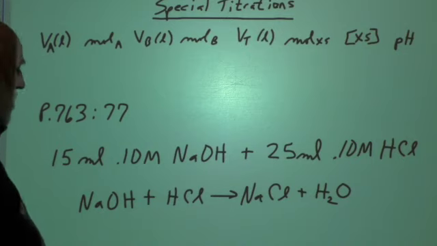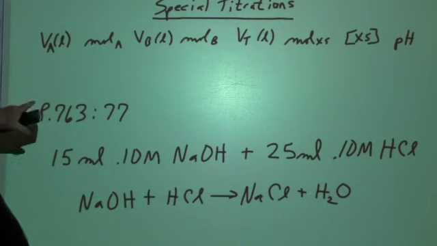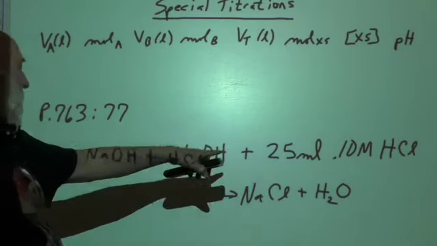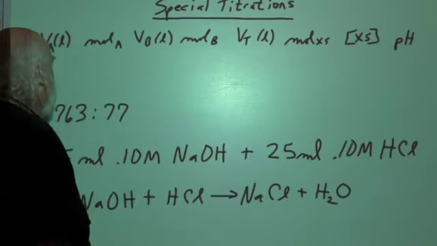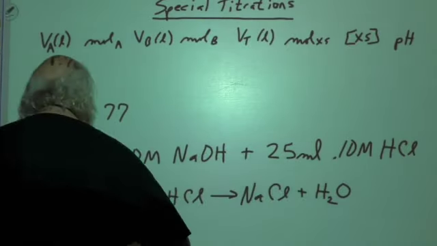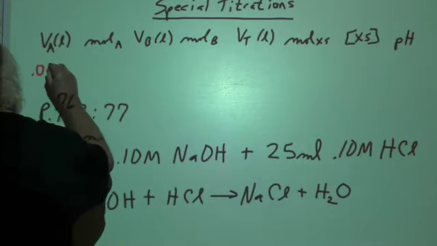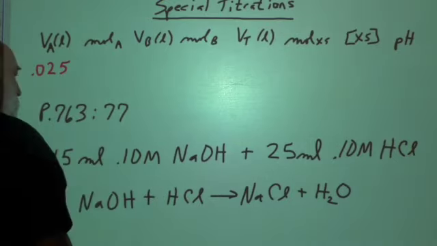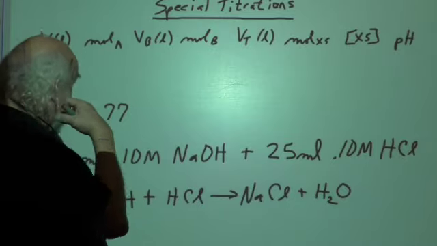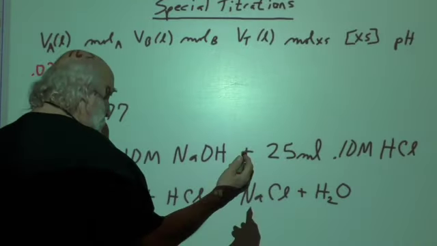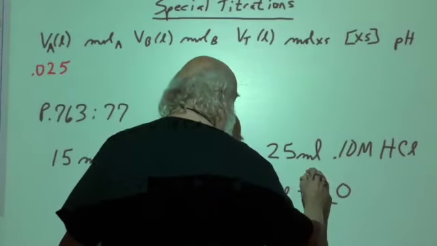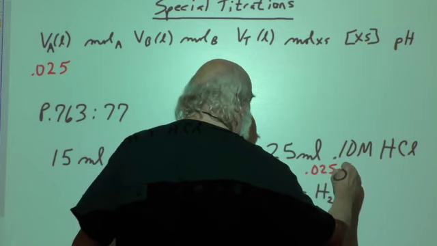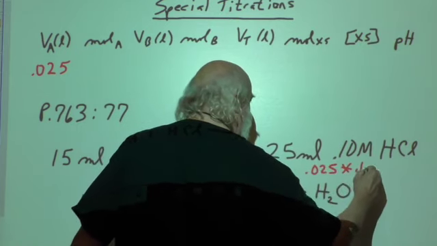So let's take a look at this. Let's start off with the volume of the acid. The volume of the acid is 25 milliliters, which becomes 0.025 liters. The moles of HCl, your acid, is 0.025 times 0.1 mole per liter.